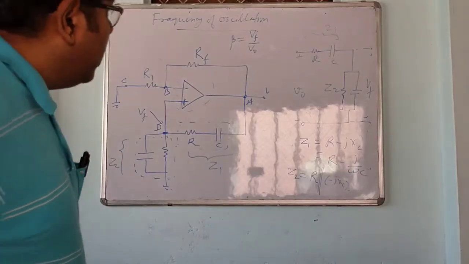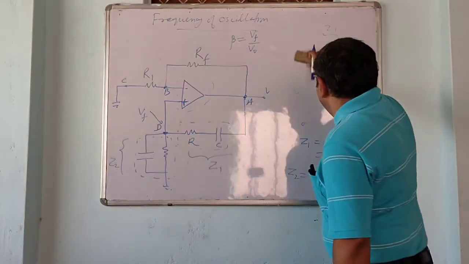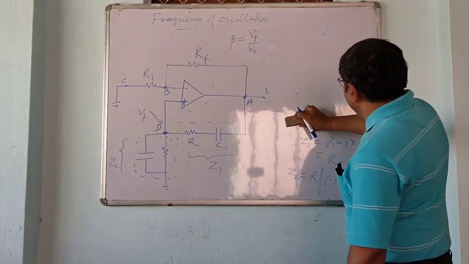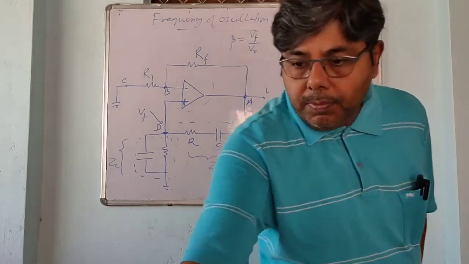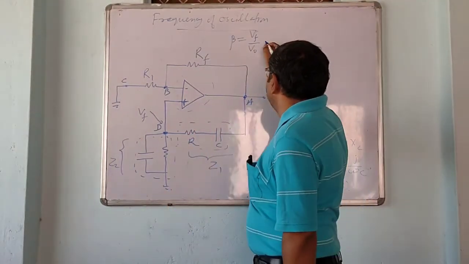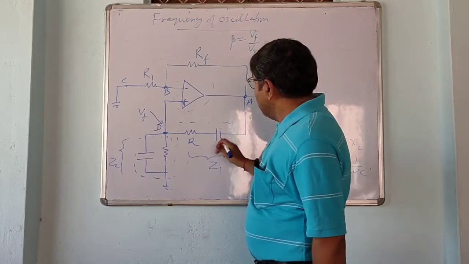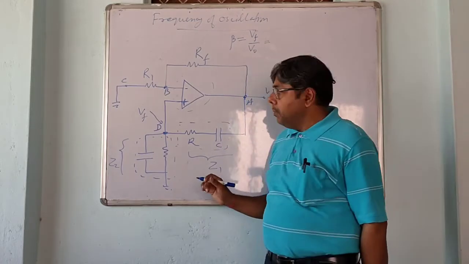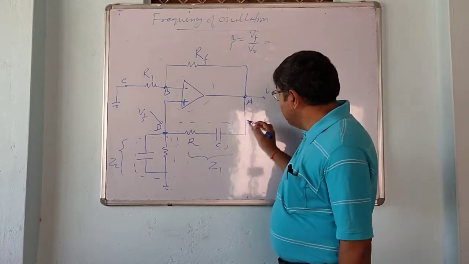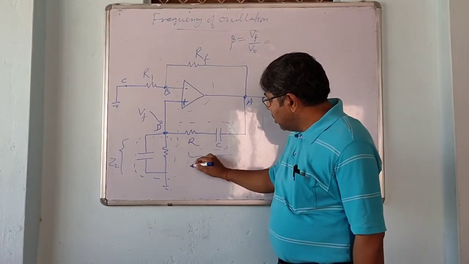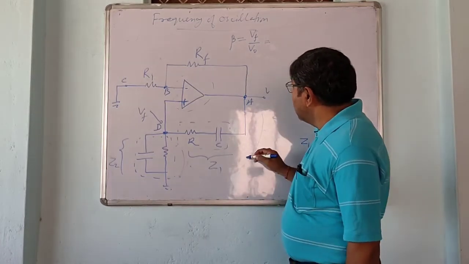So you can write the voltage ratio of these two. This is the feedback. You can use a potential divider here. Total drop from A to ground is the drop across this plus the drop across this.